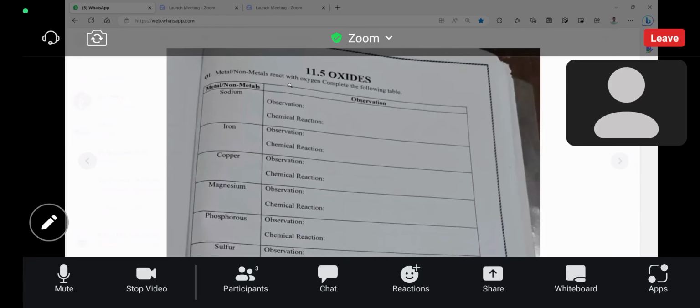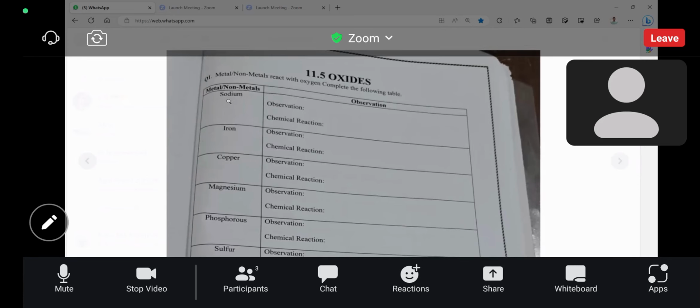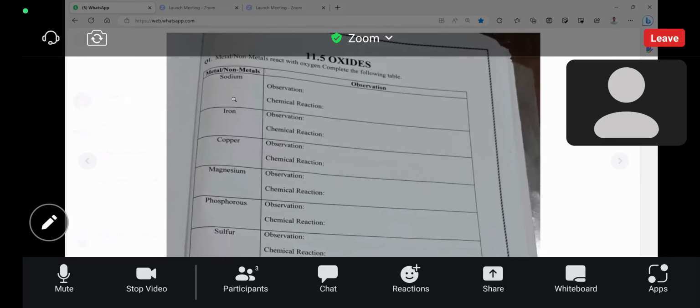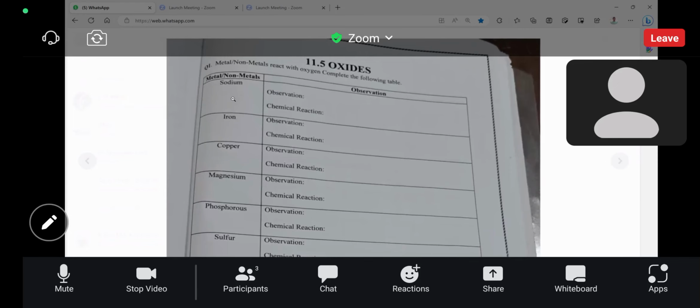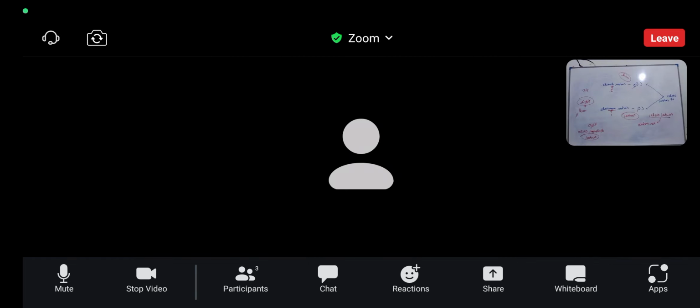Metals and non-metals react with oxygen. Complete the following. I will write them on the board. Sodium.